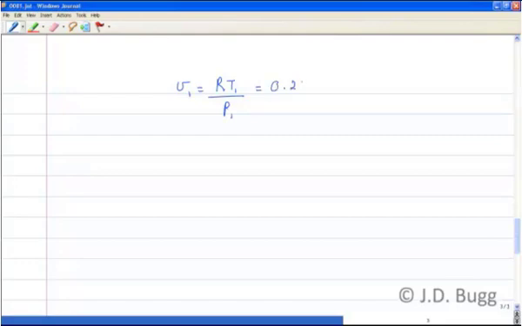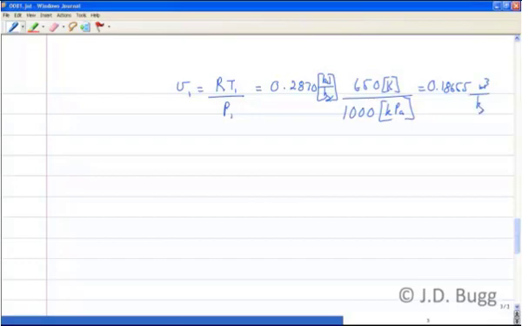So we put in our gas constant, 0.2870 kilojoules per kilogram Kelvin, our temperature, 650 Kelvin, and our pressure, 1,000 kilopascals. And all of that gives us a specific volume of 0.18655 meters cubed per kilogram.